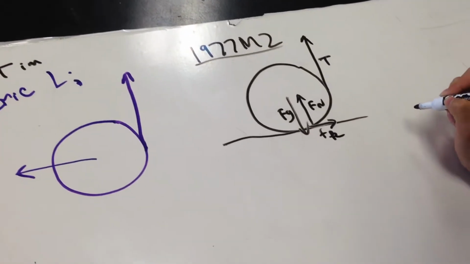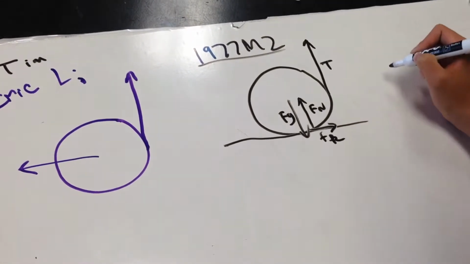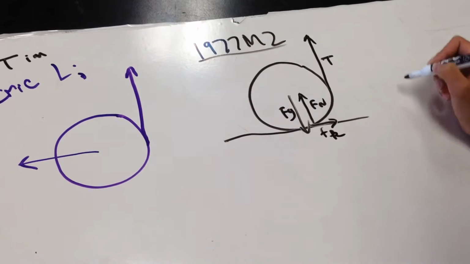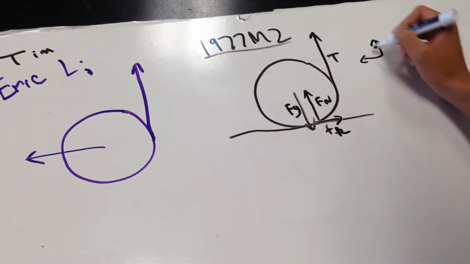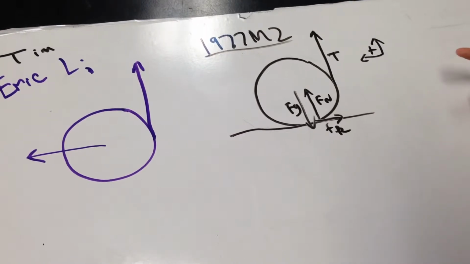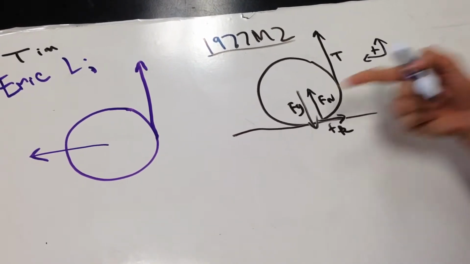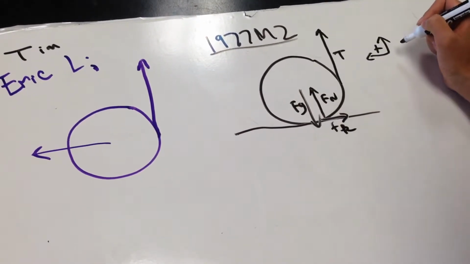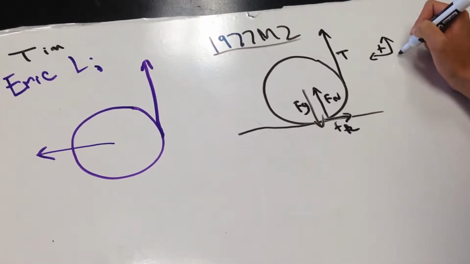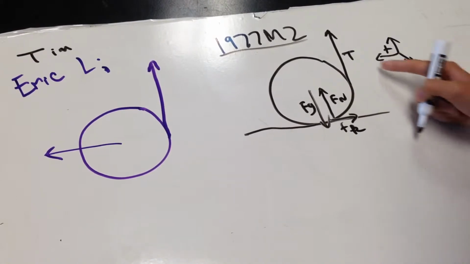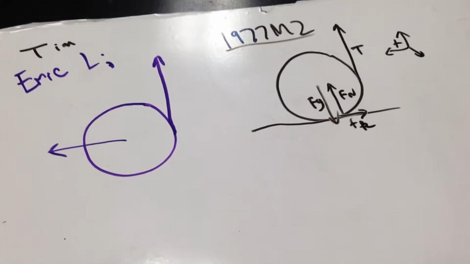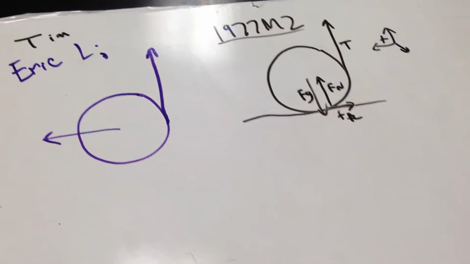And so that the rotational and translational acceleration match up, we'll put the sign convention as shown. It should be accelerating in the left direction, and it's also accelerating rotationally counterclockwise, so that the sign convention is out of the paper. Now we'll go back to Eric with the calculations.